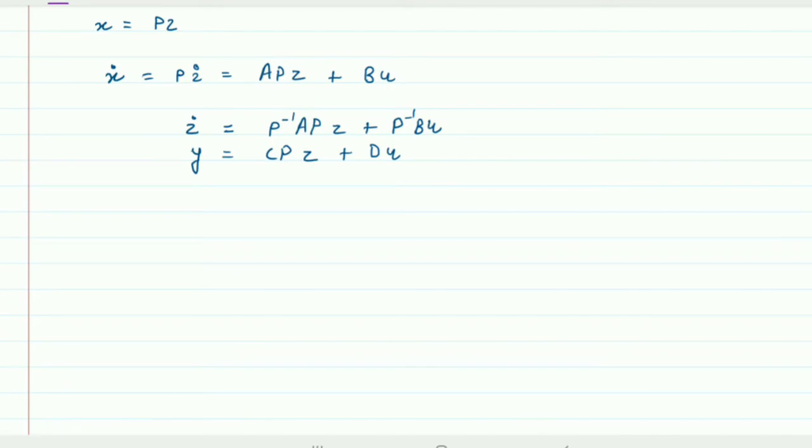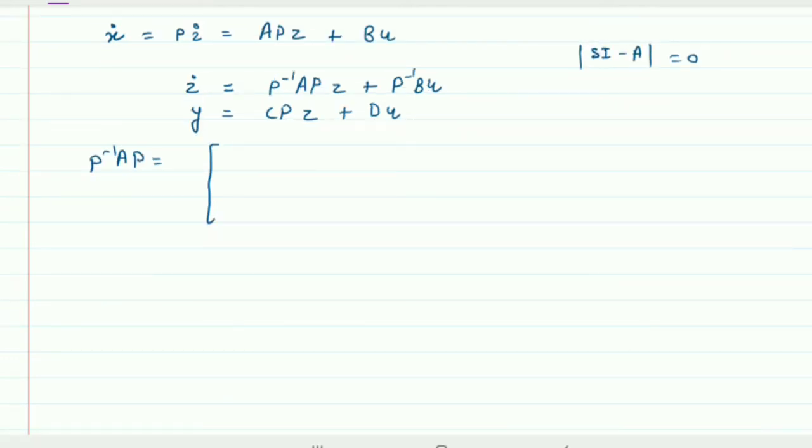Now what we want is the value P inverse AP such that it is in a diagonal form, and we know that the characteristic equation of any state space system is represented by the determinant of sI minus A equals 0. If you solve this equation, you will have the poles of the system, and the same equation is used to find the eigenvalues of the system.